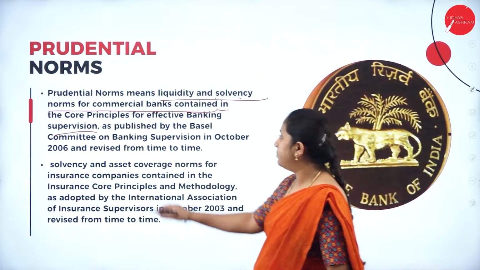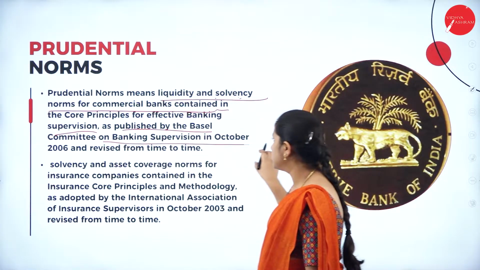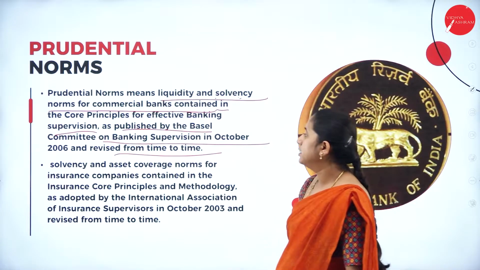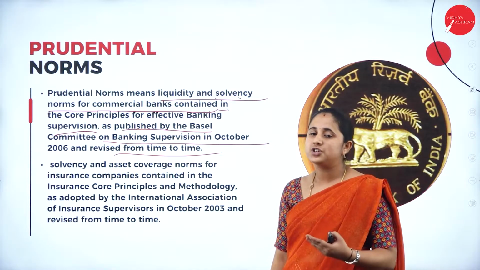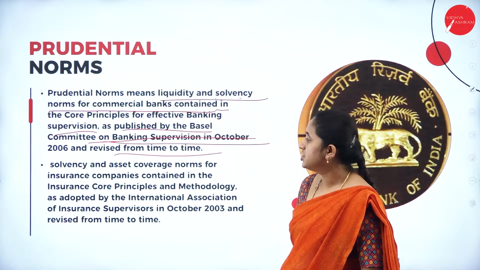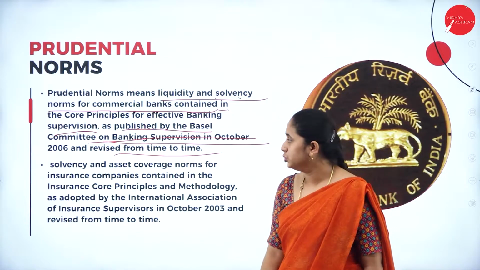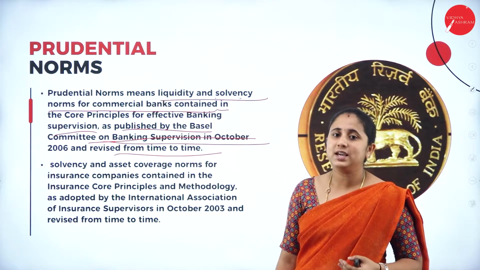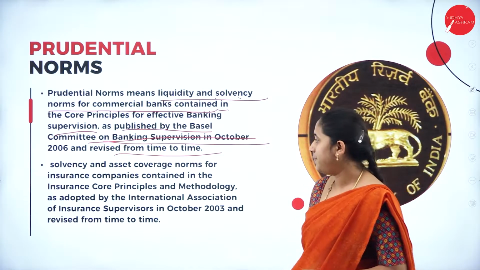As published by the Basel Committee on Banking Supervision in October 2006 and revised from time to time, prudential norm means liquidity and solvency position for the commercial banks.